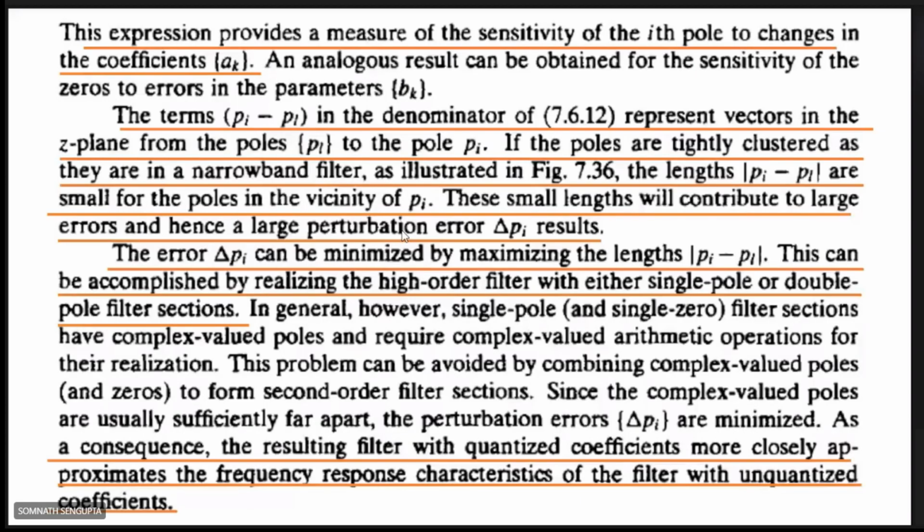If the poles are tightly clustered as they are in a narrowband filter, as illustrated in figure 7.36, the lengths pi minus pl are small for the poles in the vicinity of pi. These small lengths will contribute to large errors and hence a large perturbation error delta pi results.